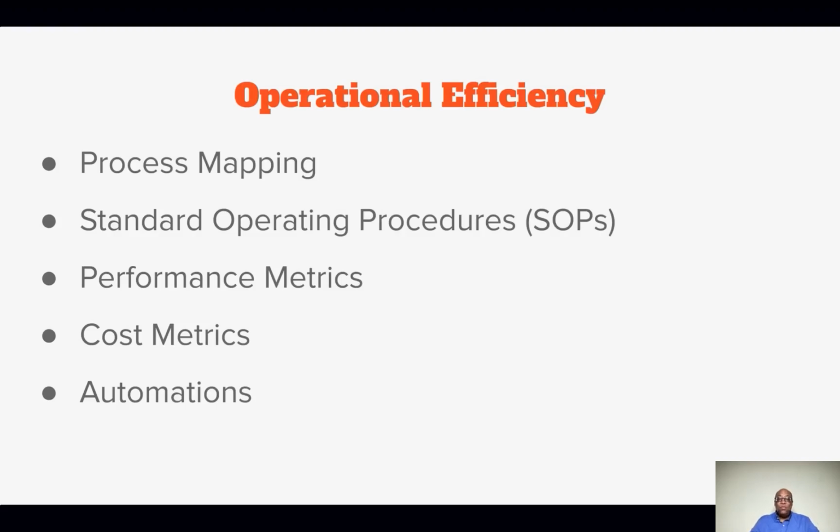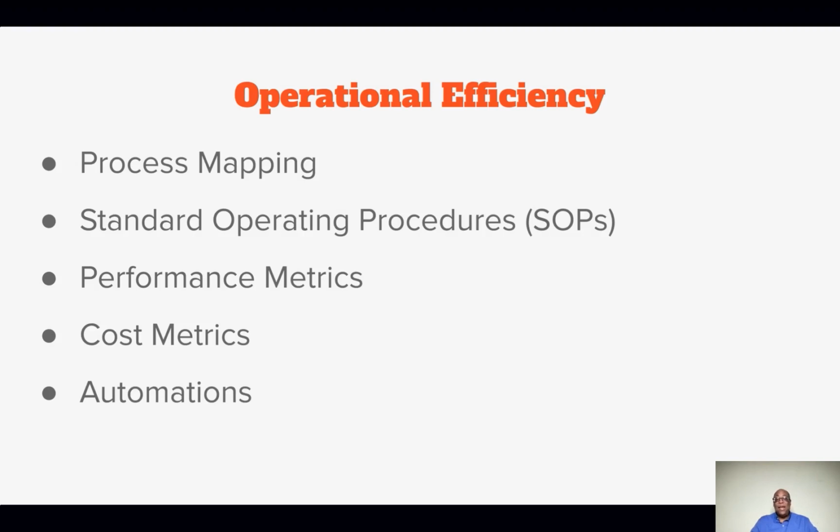So, working process is all about operational efficiency. Operational efficiency in terms of reducing the time something takes, increasing the volume, and reducing costs. And so the first thing you want to do related to your working process is to do a process map.